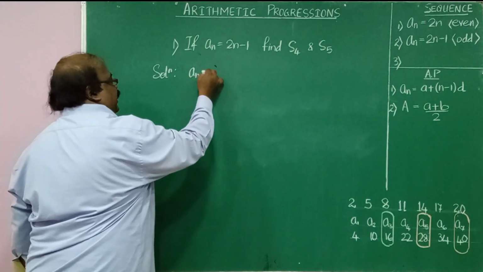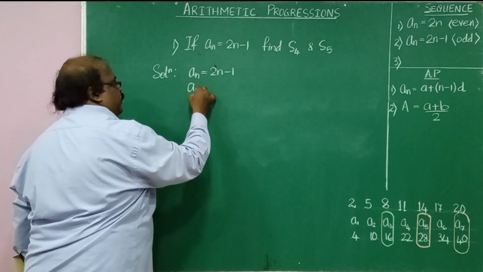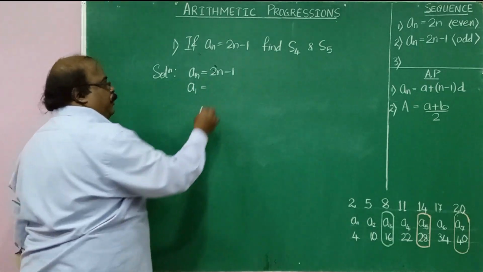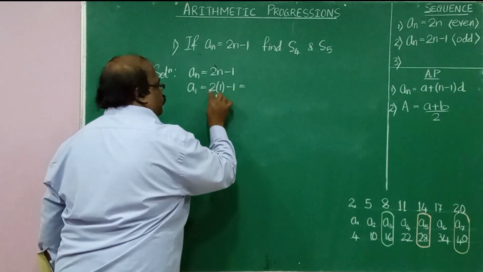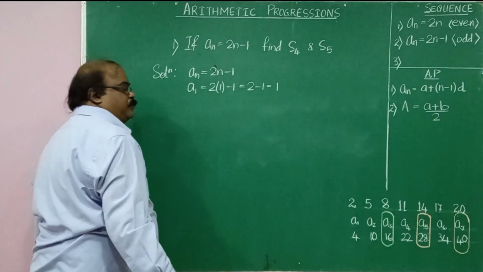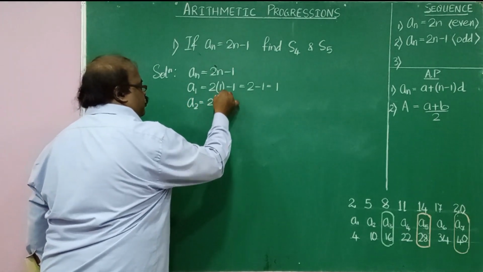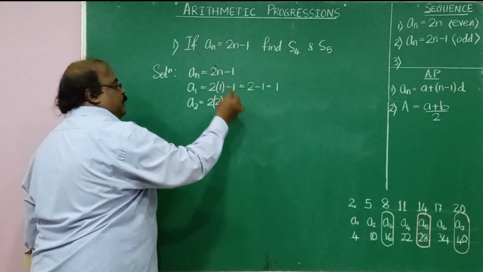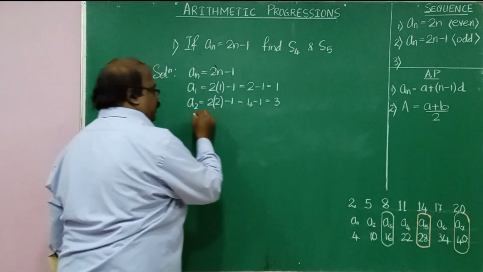It's given that a_n is equal to 2n minus 1. So the first term, a1, is 2 into 1 minus 1. 2 ones are 2, 2 minus 1 is 1. a2 is 2 into 2 minus 1, 4 minus 1, 3.